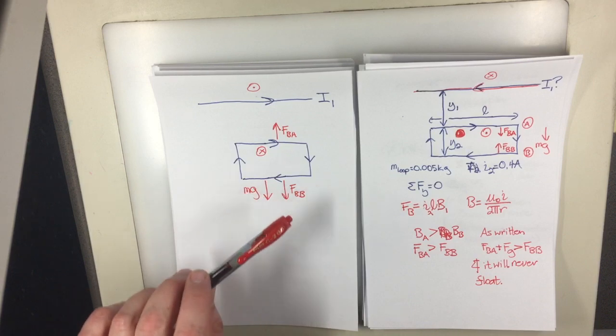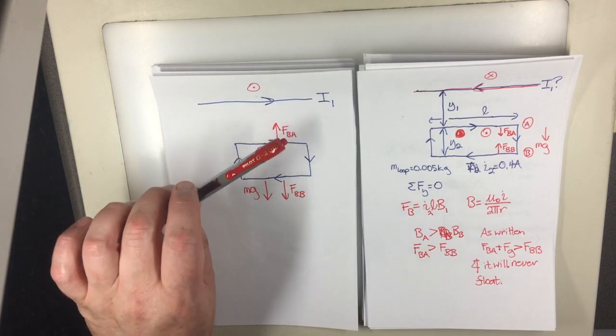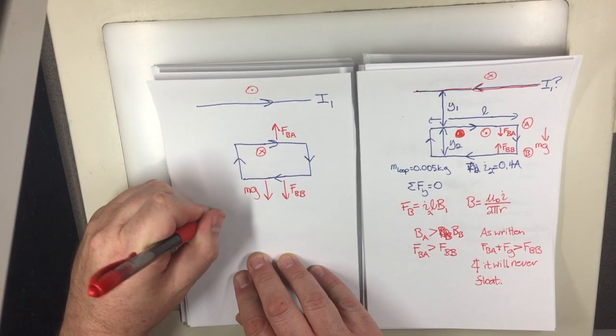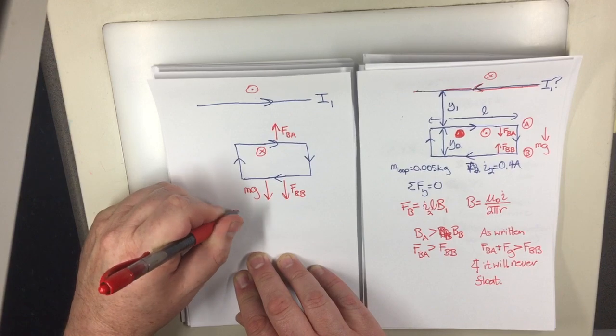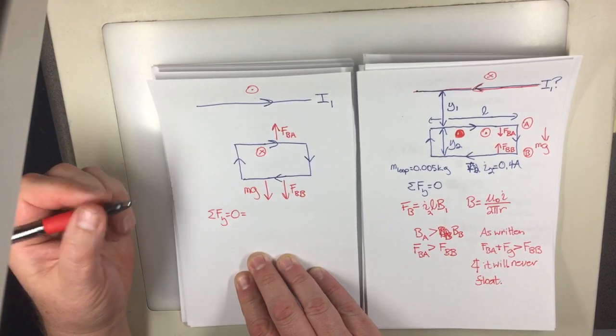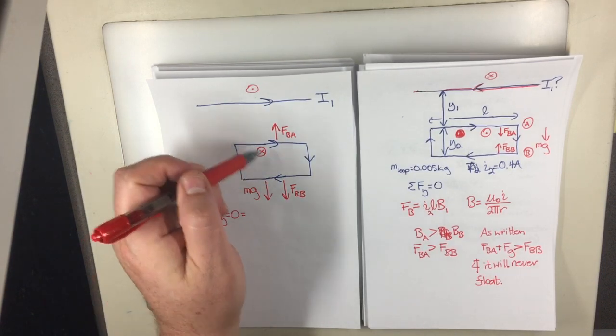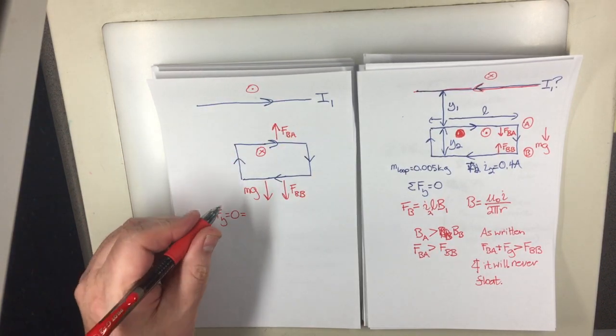So if I can get that and that to equal this, then it will balance. It will be in translational equilibrium. So the sum of the forces in Y is equal to 0. I'm ignoring the sides. There's a real reason to, but let's just forget about it. Only think about those two wires.